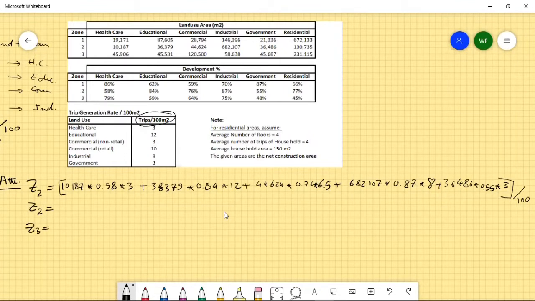Zone 3, it will be, again, 45906 multiply 0.79 multiply 3 plus 45,531 multiply 0.59 multiply 12 plus 120,500 multiply 0.64 multiply 6.5.